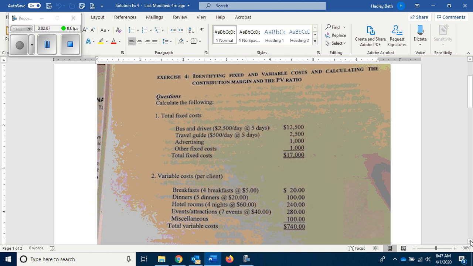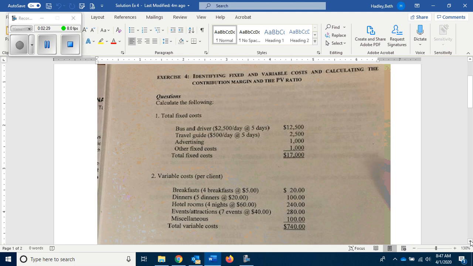Okay, so now let's have a look at the variable costs. Again, it's per client. So we're going to look at the meals, breakfast. 4 breakfasts during this 5-day trip, so 4 breakfasts times $5 per breakfast is $20. So that's $20 for breakfast per client.